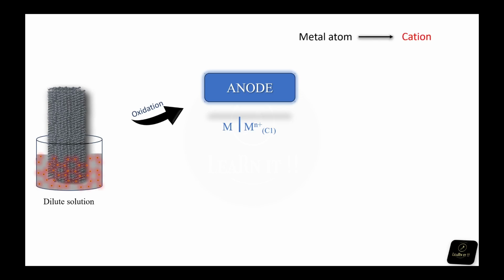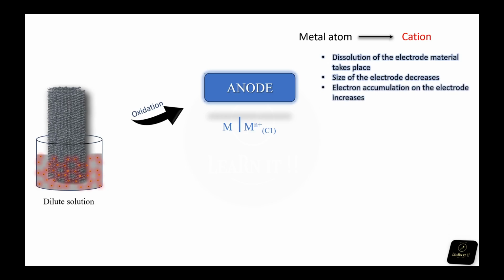During this process, a metal atom is converted into a cation. The electrode material dissolves, the size of the electrode decreases, electron accumulation on the electrode increases, and the tendency of the electrode to donate electrons, that is, oxidation potential, increases.